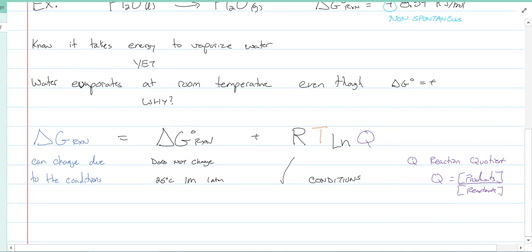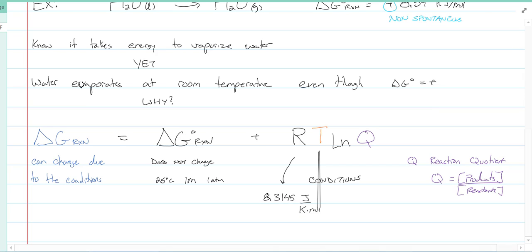R, of course, is 8.3145 joules per Kelvin mole. And so this is how the delta G in blue here can change based on the conditions, even though delta G in black with the degree sign is fixed. Right? That's a very distinctive point.